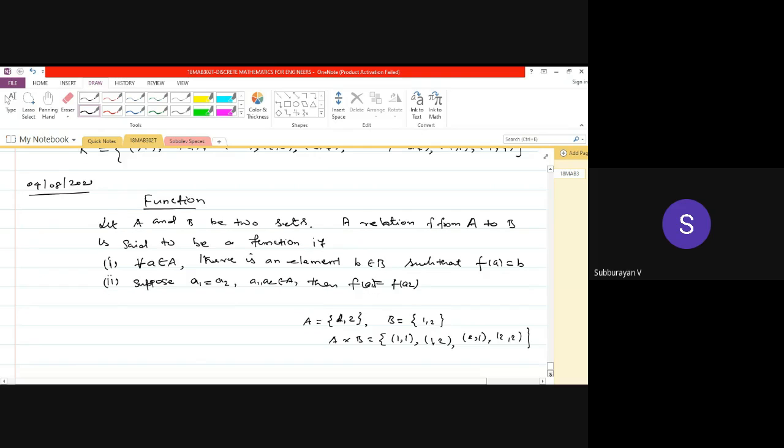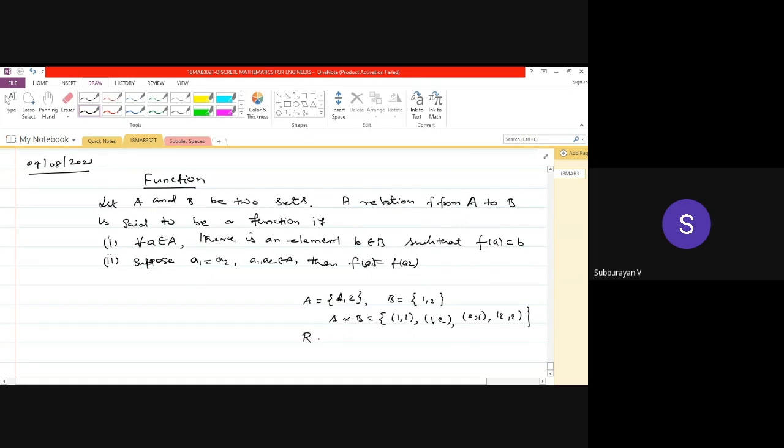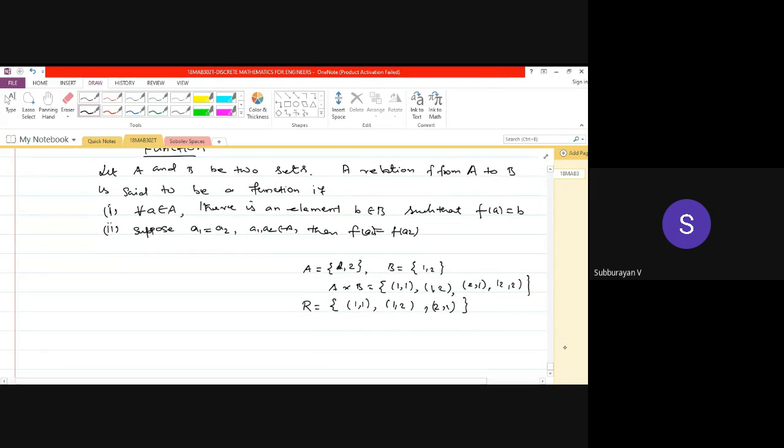If I take any relation R having the elements (1,1), (1,2) and (2,1), this is one relation because R is a subset of A cross B. But R is not a function, because look at this.